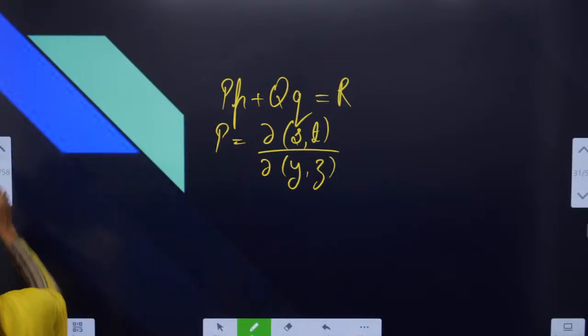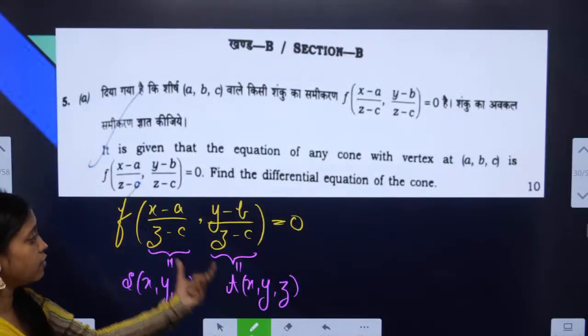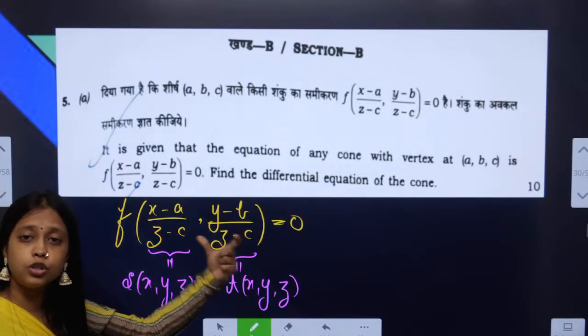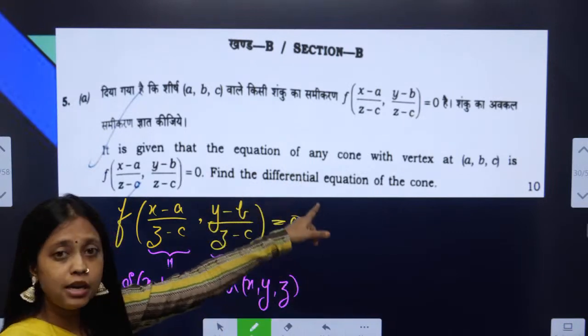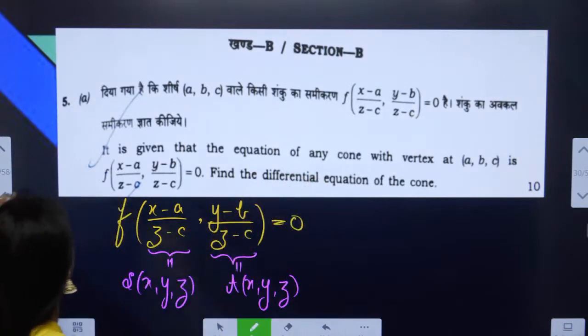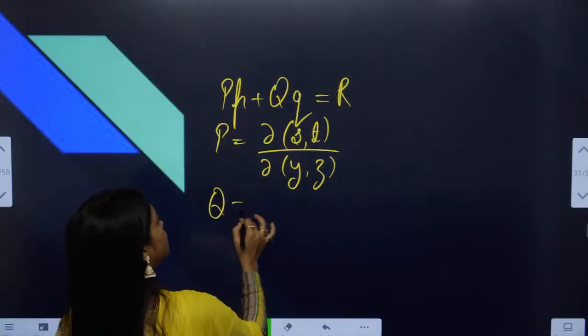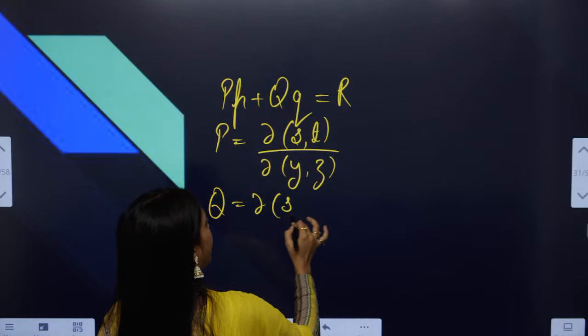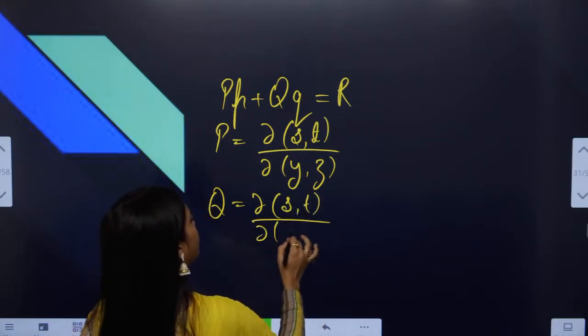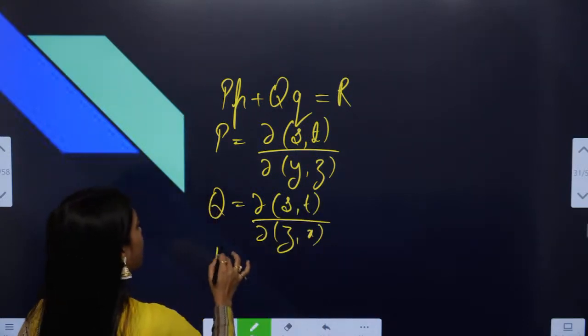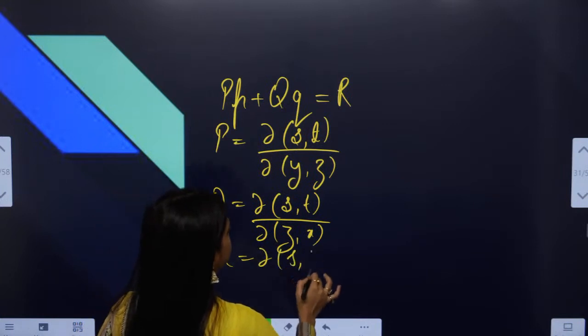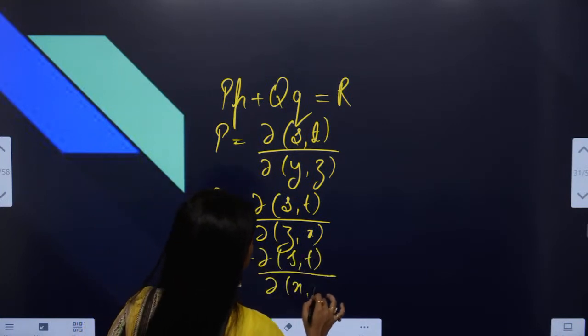Why is it? You can do that simple calculation. S is given, T is given, you have to just substitute the value, find out the Jacobian and back substitute over in this equation. Capital P, capital Q is del(S,T)/del(z,x) and R is del(S,T)/del(x,y).